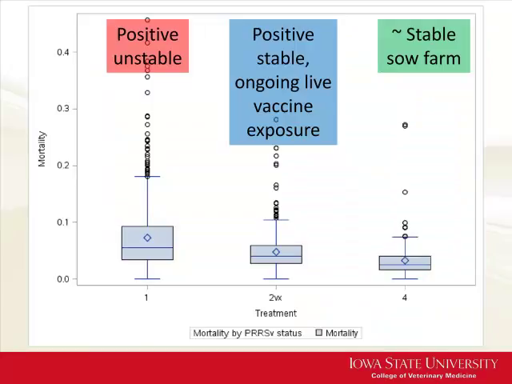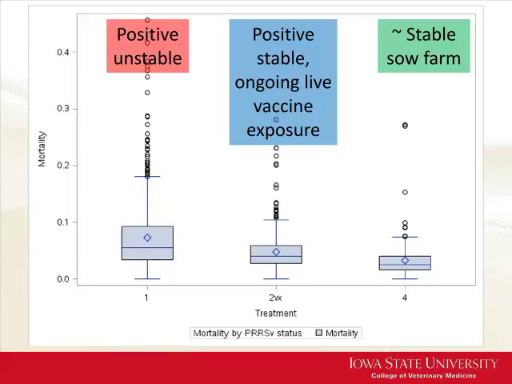Before showing the final model, I'd like to show selected univariate analysis for the main variables that we investigated. On PRRS status, you see here the distribution of mortality.